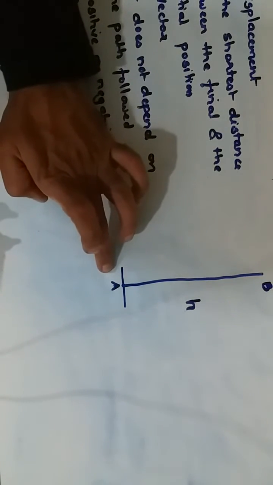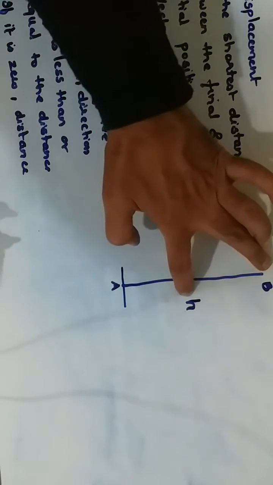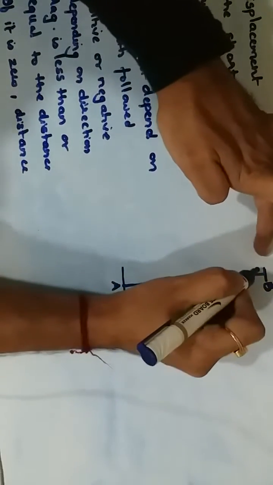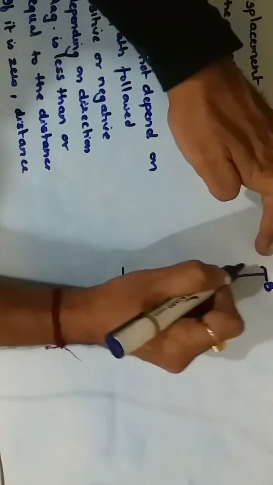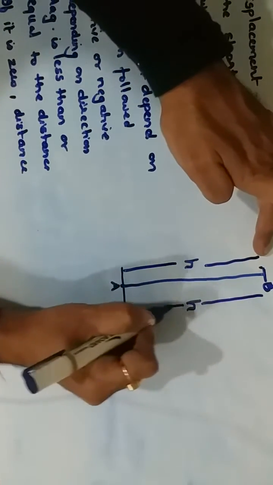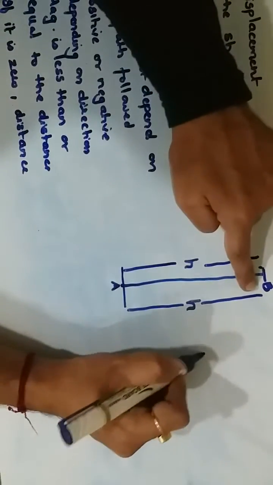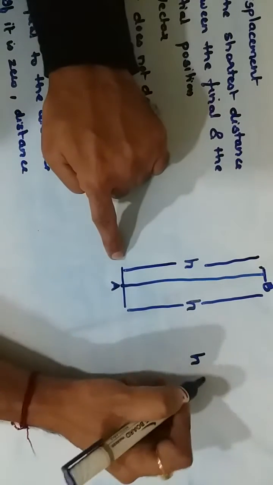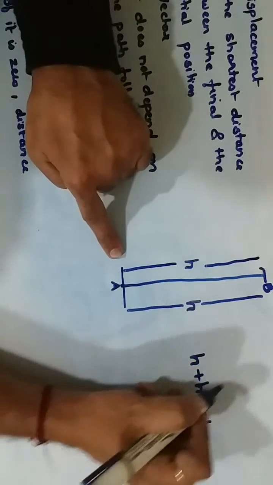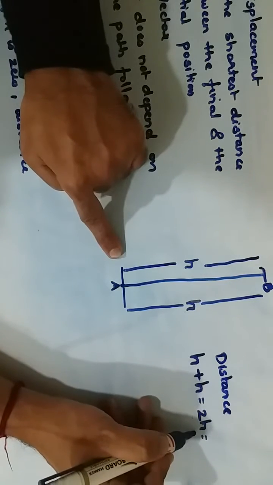After that it again falls down under gravity from B to A, that is, it has traveled the same distance h. So the length of the path covered while going up was h, and while coming down again h. h plus h is 2h, which is your distance. So here the distance covered is 2h.